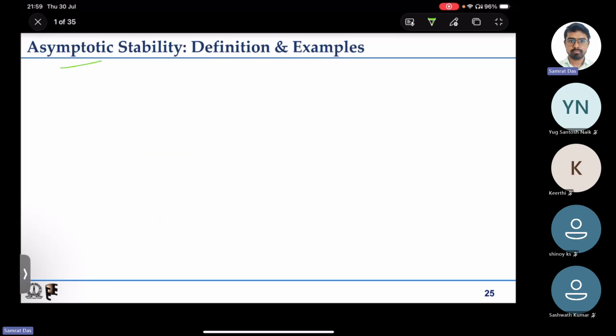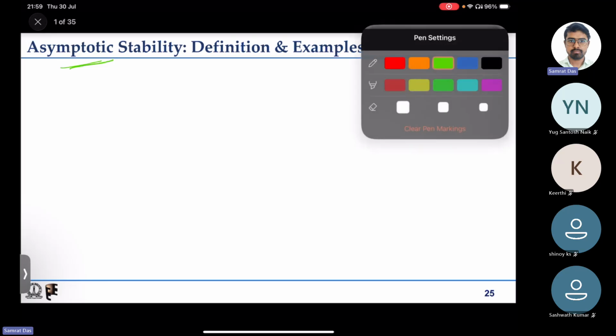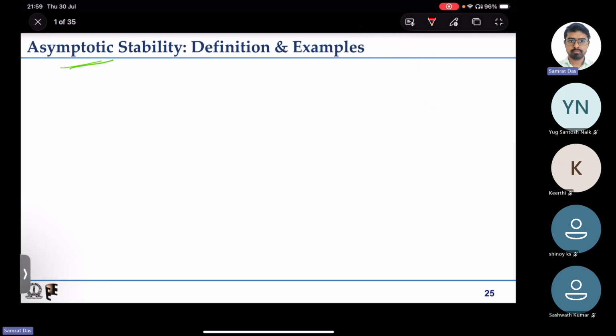But this definition of asymptotic stability says that the state variable, or state variables if a system has multiple states, so this is x. Now it says that x(t) will tend to 0 as time tends to infinity.